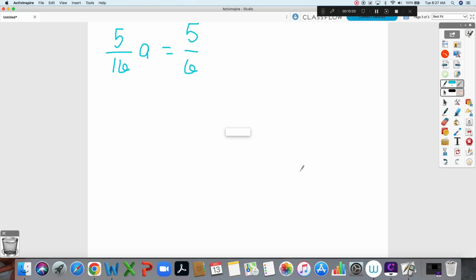Multiplication. So how do I have to solve for that variable? Divide. How do I divide fractions? Multiply by the reciprocal.